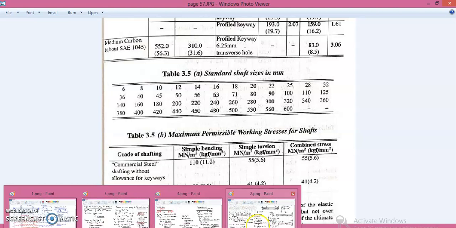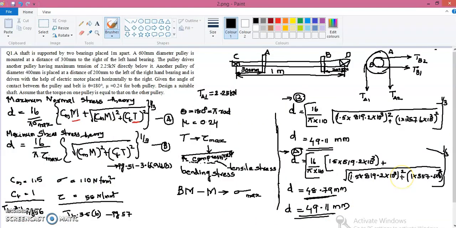So I'll write this, D is equal to 56 millimeter. I am standardizing this value, that is diameter equal to 56 millimeter. That is the diameter of the shaft.